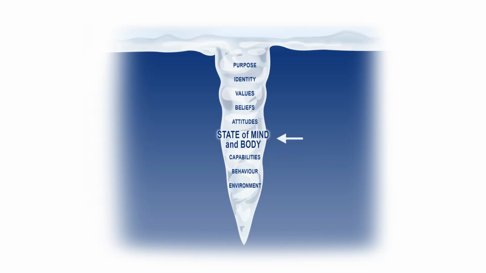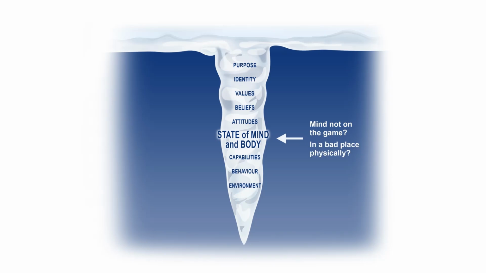The next step up on our icicle is state of mind and state of body. Now, state of mind and state of body are so closely intertwined, it's difficult to put them as separate layers, because I don't know about you, but if my mind's not on the game, then I rarely achieve my goals.